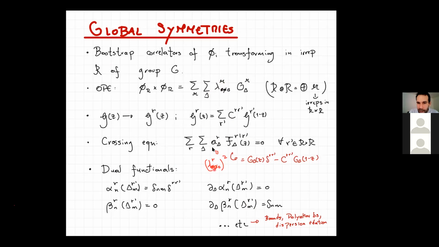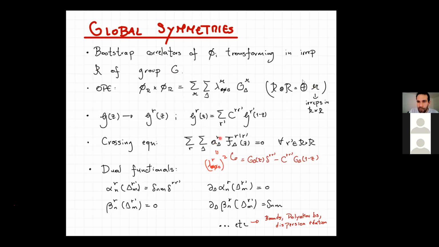So yeah, I'm missing a very important caveat here, which is that these representations that are appearing here have to appear with unit multiplicity. So maybe this is what you're getting at. Oh no, I was wondering, do we still have the positivity of the OPE coefficient squared? Yeah, so it's related. It's the same question.